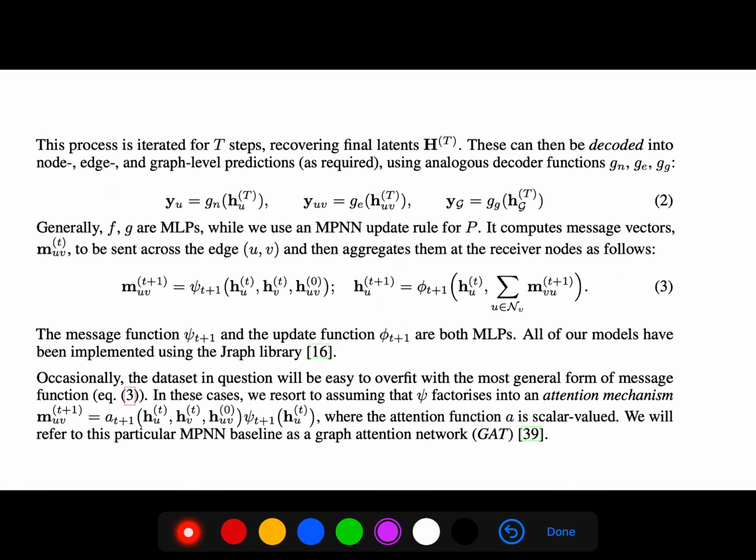These can then be decoded into node, edge, and graph level predictions using analogous decoder functions. Generally, F and G are MLPs, while we use a message passing neural network update rule. It computes message vectors to be sent across the edge, then aggregates them at the receiver nodes like this. The message passing functions and the update are both MLPs.